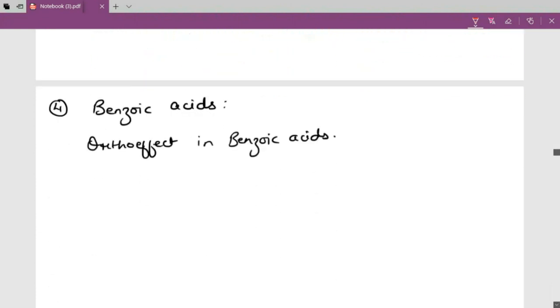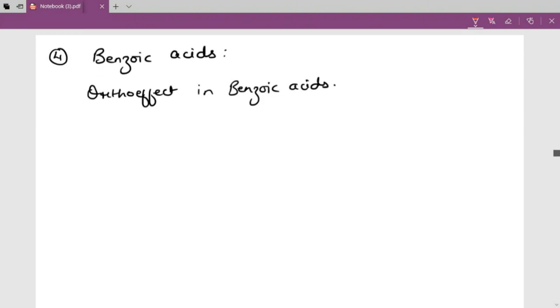In case of benzoic acid, a similar thing, but a particular ortho effect is observed. What does it say? It says that irrespective of the electron releasing or electron withdrawing effect of G, if there is any group present at the ortho position in benzoic acid, it will always make it a stronger acid than the parent benzoic acid.